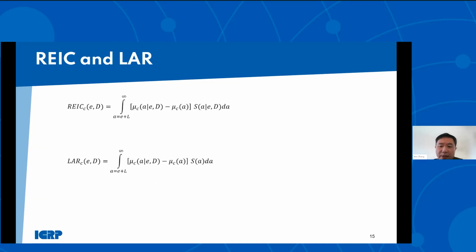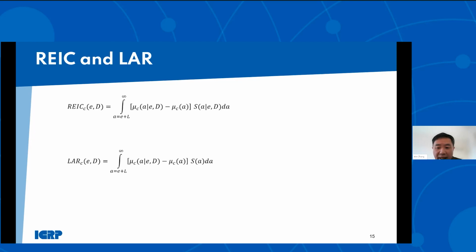The lifetime risk was calculated using IEIC, as I mentioned earlier, but it can also be calculated using a method called lifetime attributable risk, LAR. This method is slightly simpler and is a good approximation to IEIC if the calculation is done at low doses.